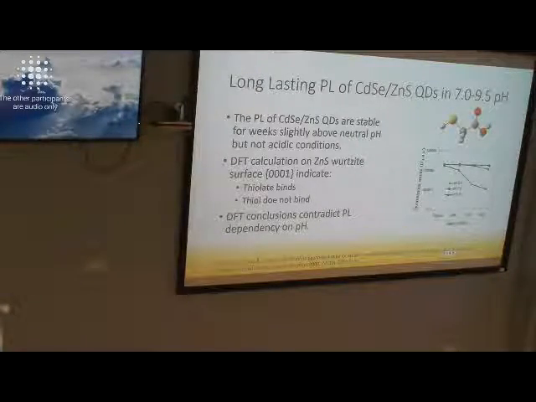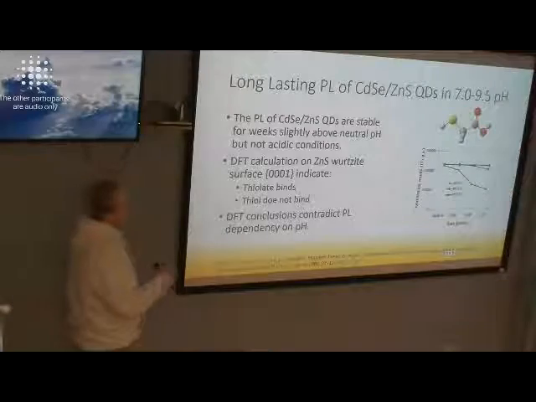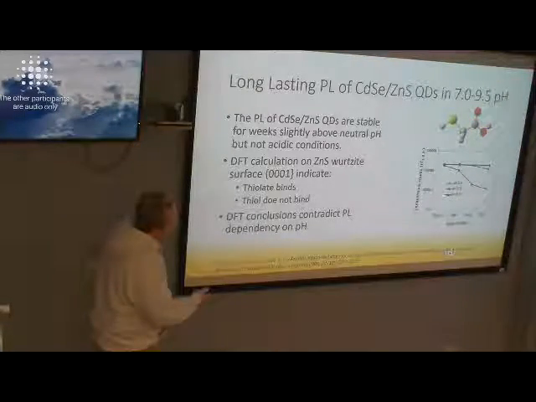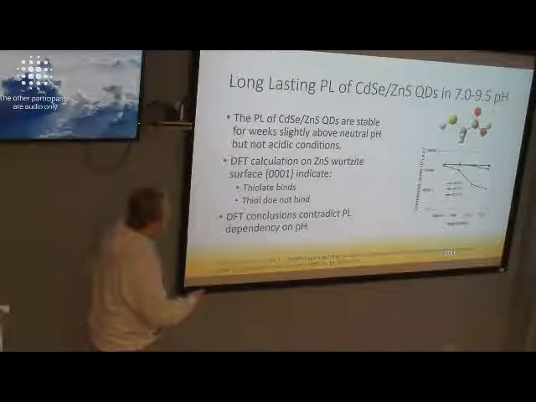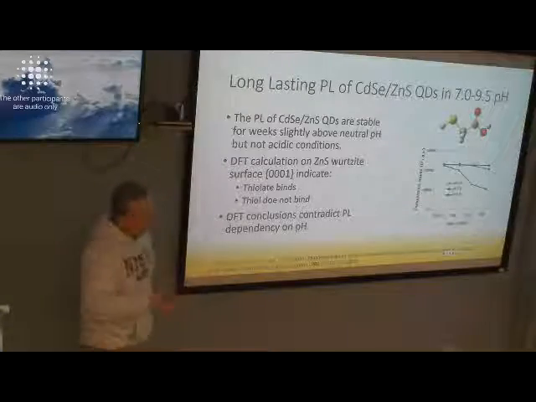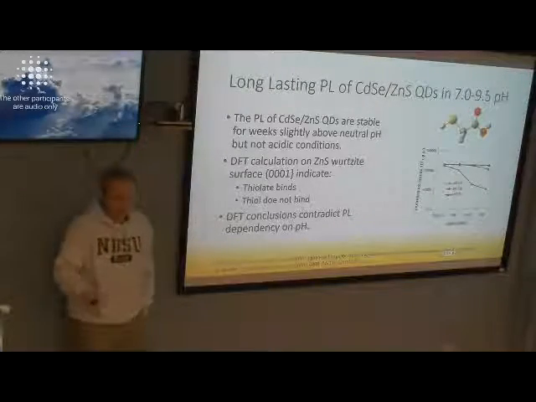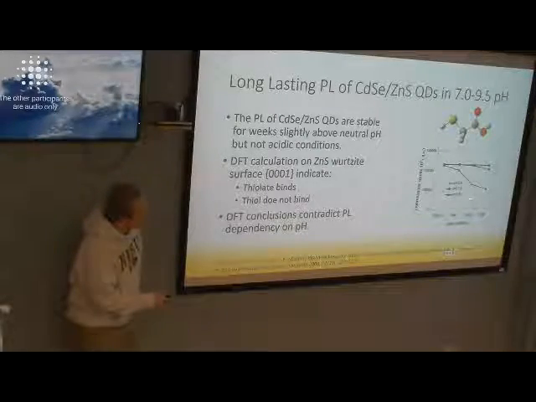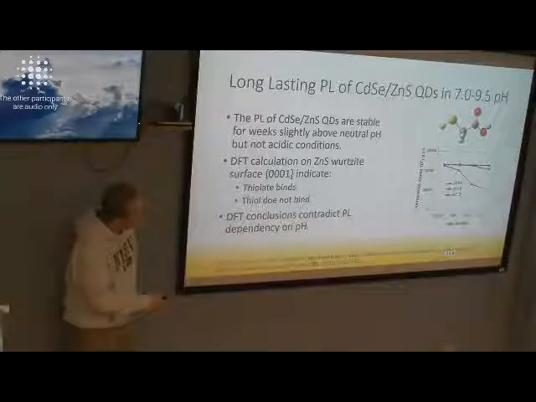And then the last study that I've looked at here, they looked at the long-life stability. In the paper they say pH 8.5 in the figure, but in the text they also say 9.6, so it's kind of confusing whether this is actually 8.5 or 9.6.